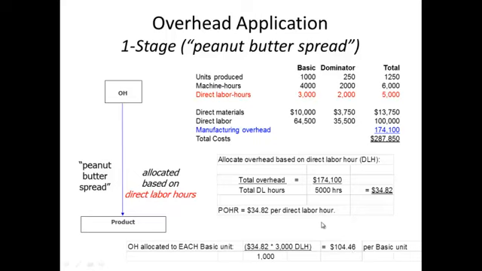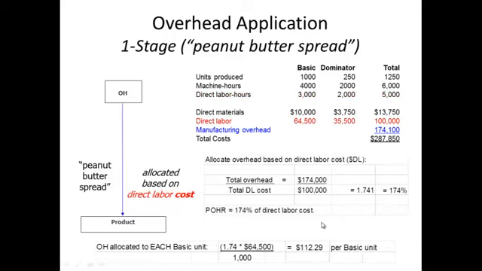What if instead we decide to allocate overhead based on direct labor cost? So not direct labor hours, but direct labor cost. Instead, at the beginning of the year, we would take our $174,100 of overhead and divide by $100,000 of direct labor cost. This gives us a 1.741 rate. So we can think of this as every dollar of labor that a product consumes, it would also be allocated $1.74 of overhead.